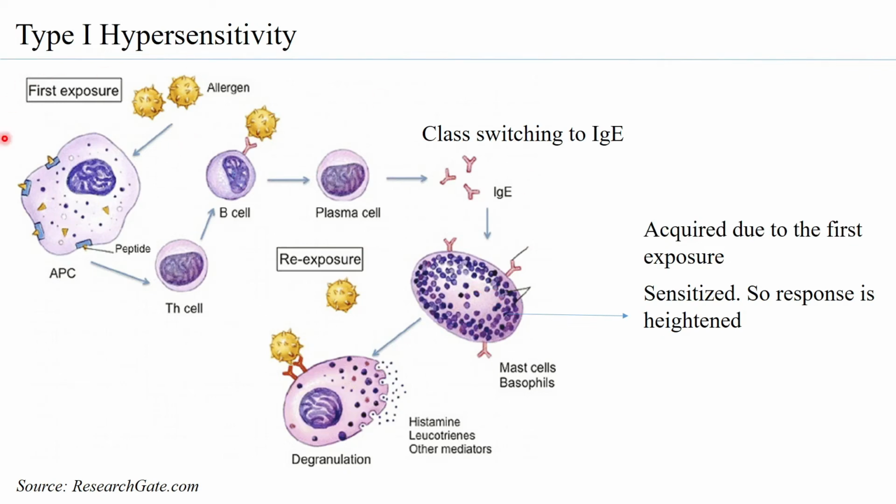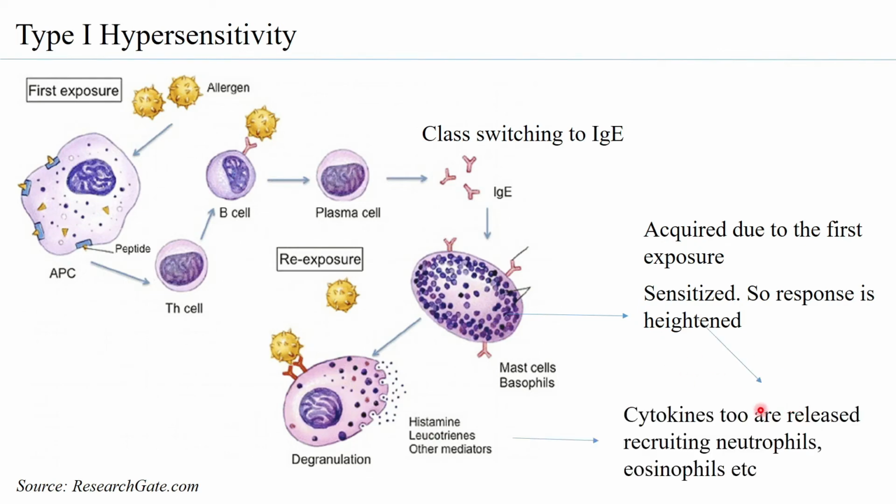So due to the first exposure, the person already has the antibodies. So since it is antibody mediated, we call it a humoral immunity. So it is associated with the fact that Ig is already existing and present on the surface of the mast cells, that you can have allergen going and binding to the mast cells directly, giving rise to all the mediators that give rise to an inflammatory response.